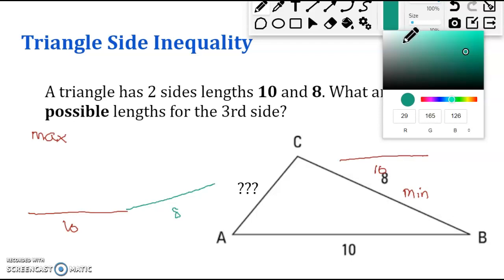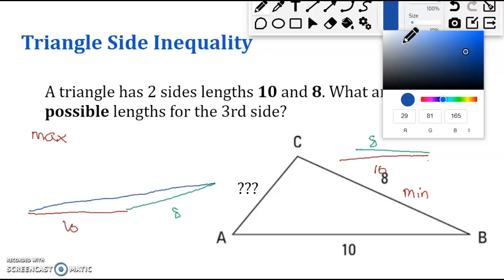And to make a triangle with a minimum third side, I need to make this go this direction, and I can say this is 8. Then finally the third side is going to be joining this.